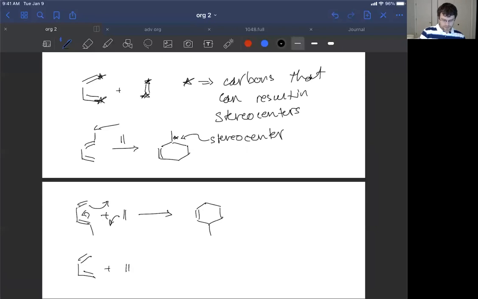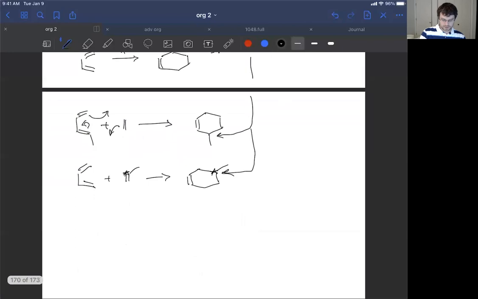So let's put it also on the dienophile, and that's just going to move the methyl group over to this position. And so we have stereocenters at the various places that the methyl group was positioned around the forming ring. Some of these, in fact, are duplicates, but I just wanted to illustrate the point that when we put groups at those four positions, we get stereocenters.